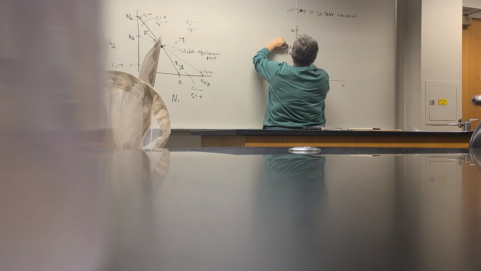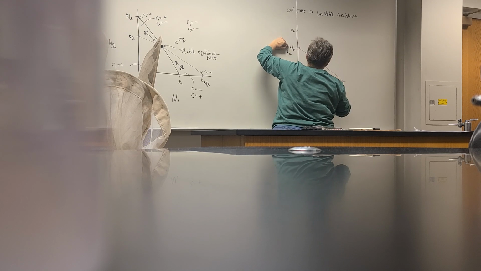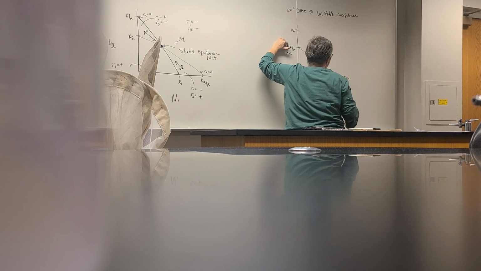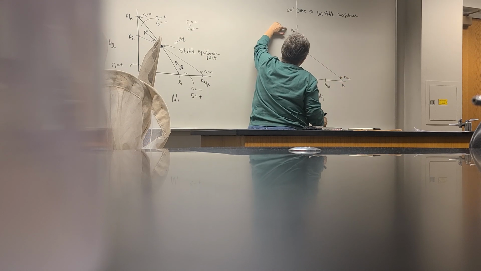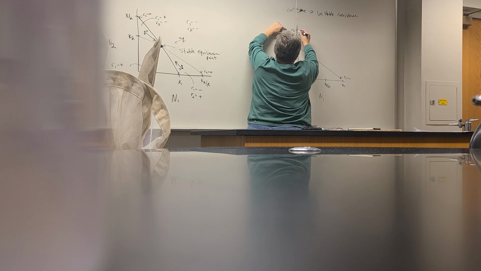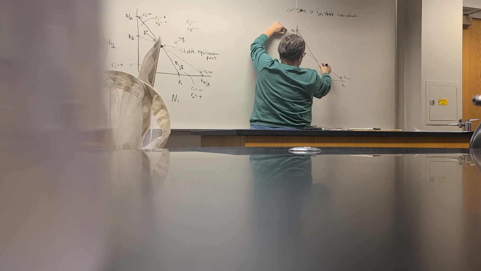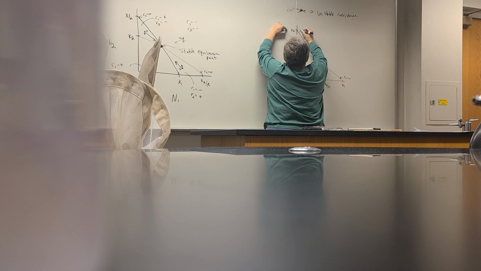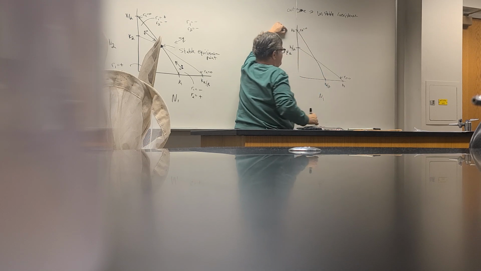Make sure you're careful about this. So K1 over alpha goes to K1. And that's going to represent our R1 equals 0. And then K2 is going to join up with K2 over beta. And that's our R2 equals 0.